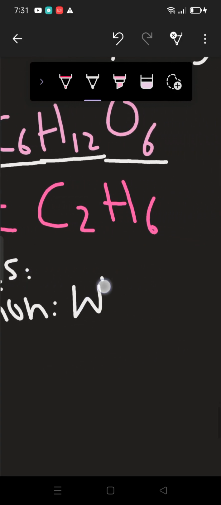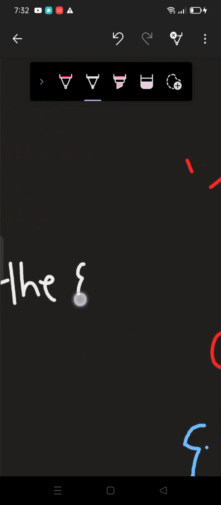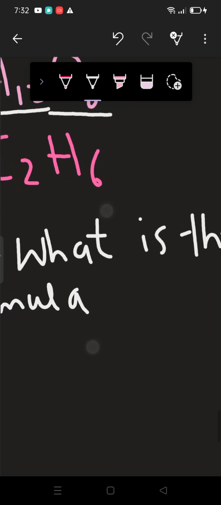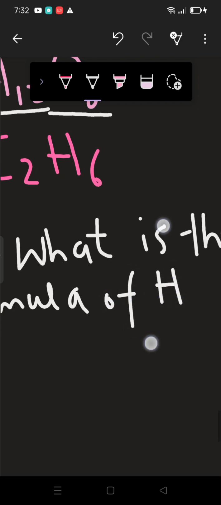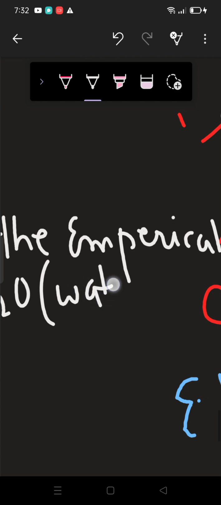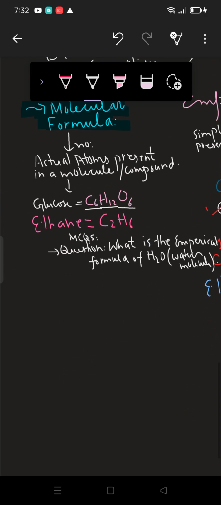What is the empirical formula of H2O, which is water, right? Water molecule. Basically, we need to take the simplest ratio.